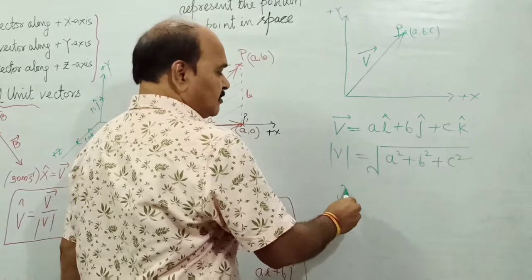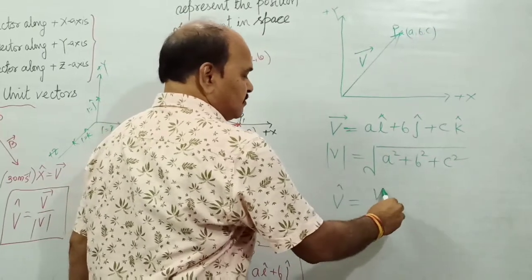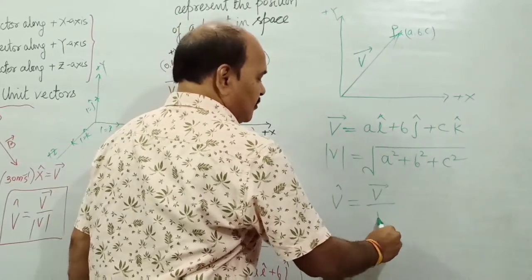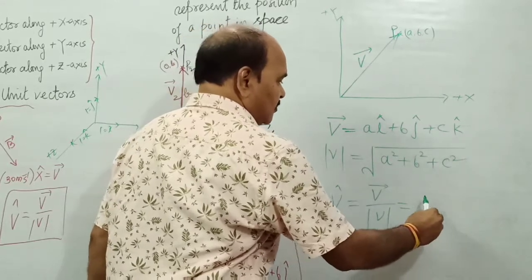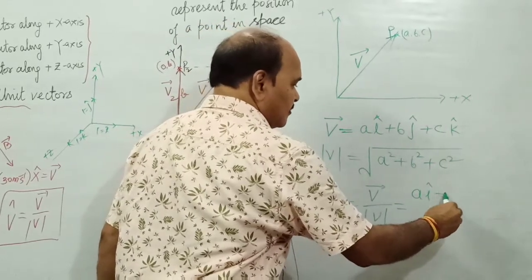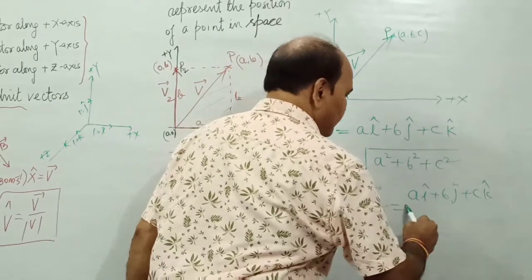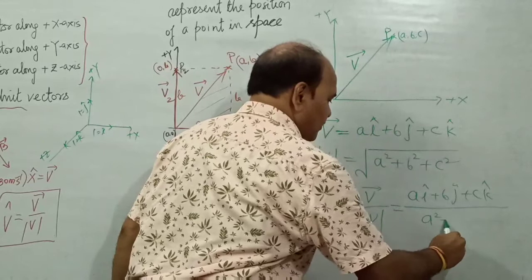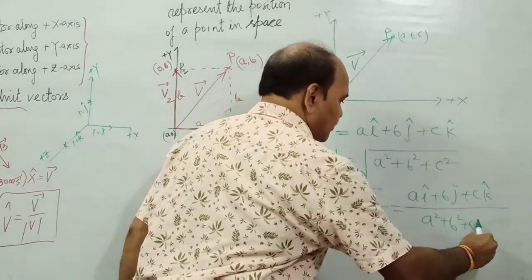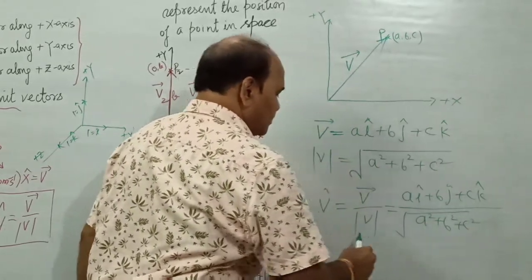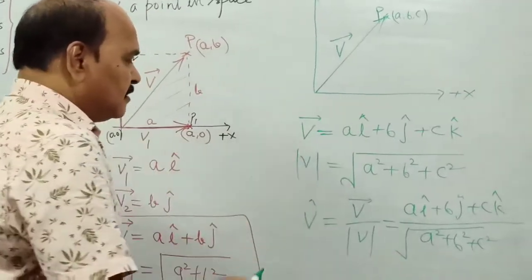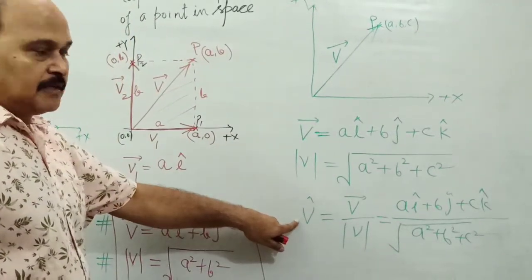What is the unit vector along this space vector? Unit vector along this space vector is going to be V vector upon V modulus. That means what? A i cap plus B j cap plus C k cap upon V modulus. And what is that? Square root of A square plus B square plus C square. So this is the unit vector along the space vector.